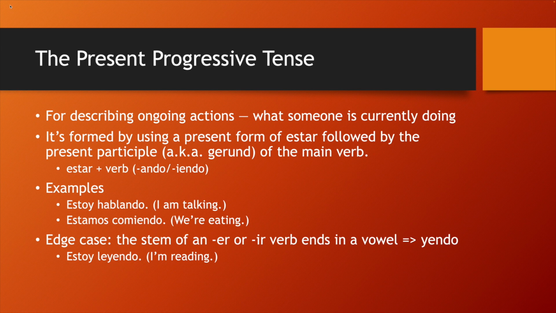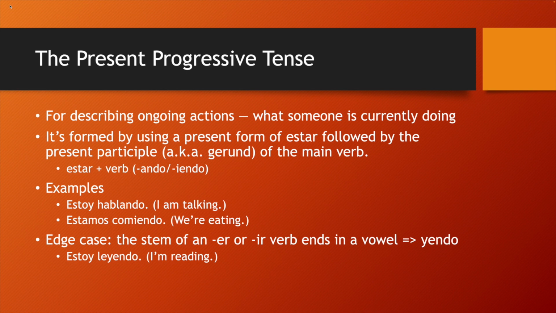And so the present progressive is formed by using a present form of estar followed by the present participle. This is called the gerund of the main verb. So in most cases it is estar plus the verb ending in ando or iendo. Ando for AR verbs, iendo for ER and IR verbs. So some examples are estoy hablando, I am talking, estamos comiendo, we're eating.